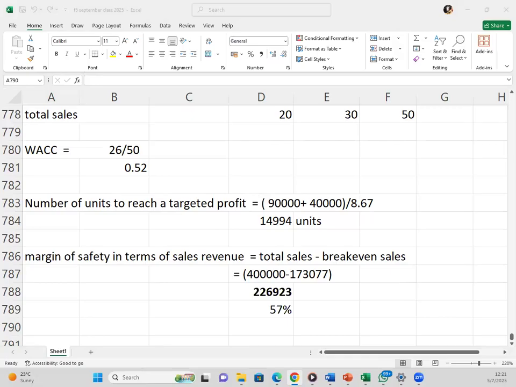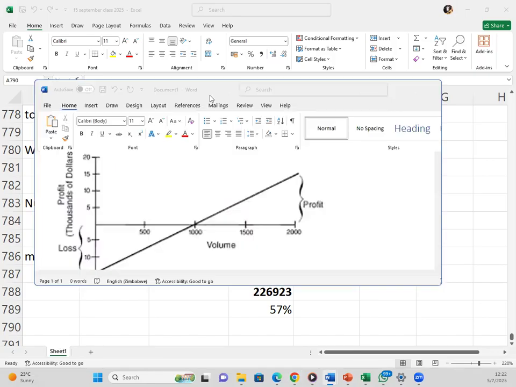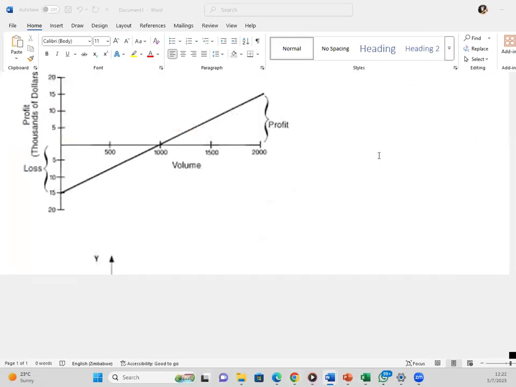So there is a break-even chart which can help us identify and visualize the break-even point.